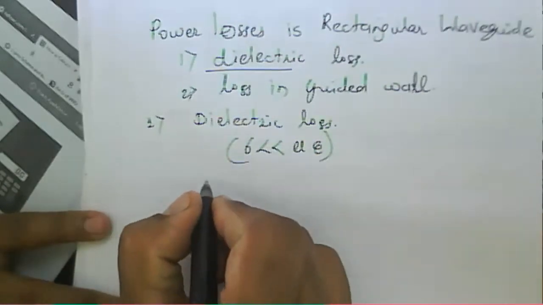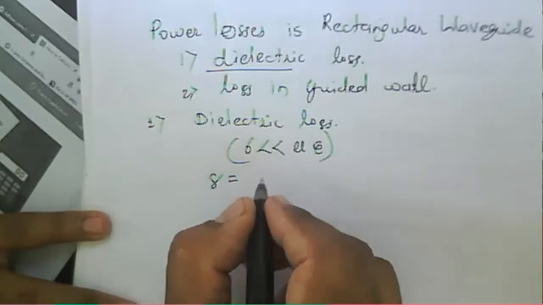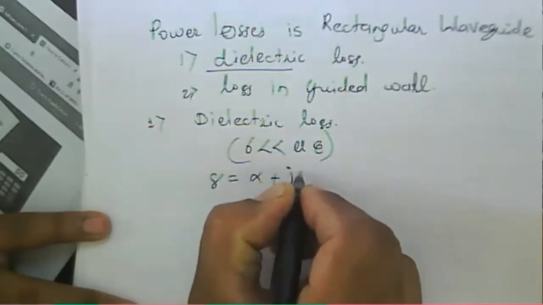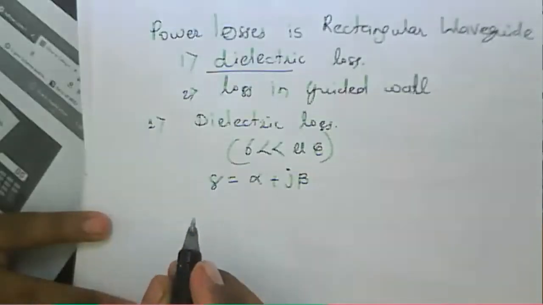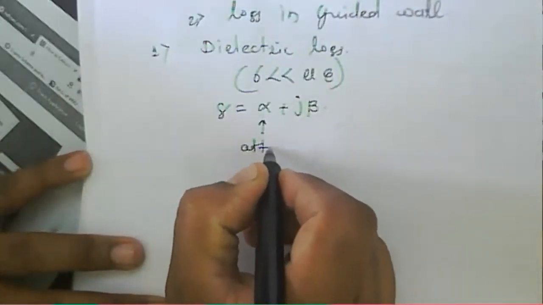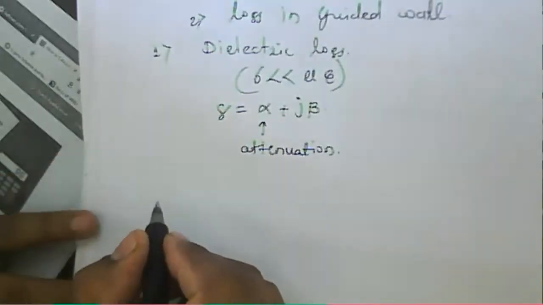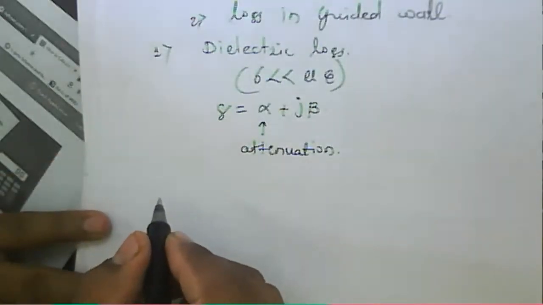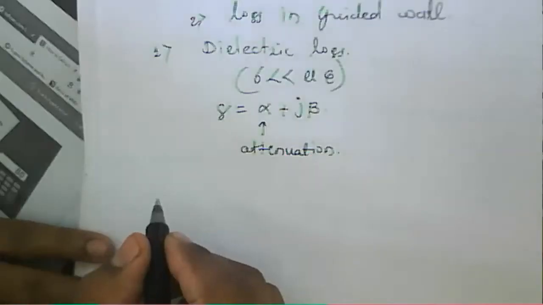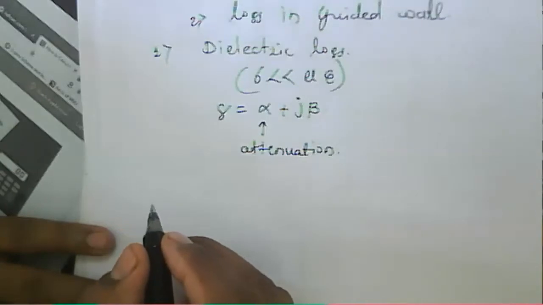Generally the propagation constant is alpha plus j beta, and this factor alpha says how much attenuation takes place in the guide. So we consider a plane wave traveling in an unbounded low loss dielectric material.